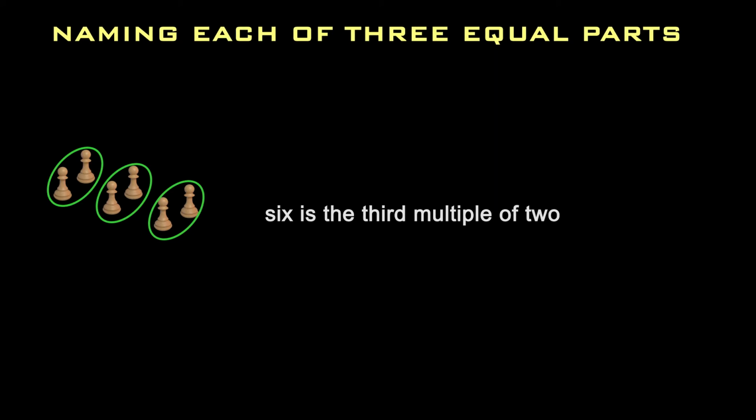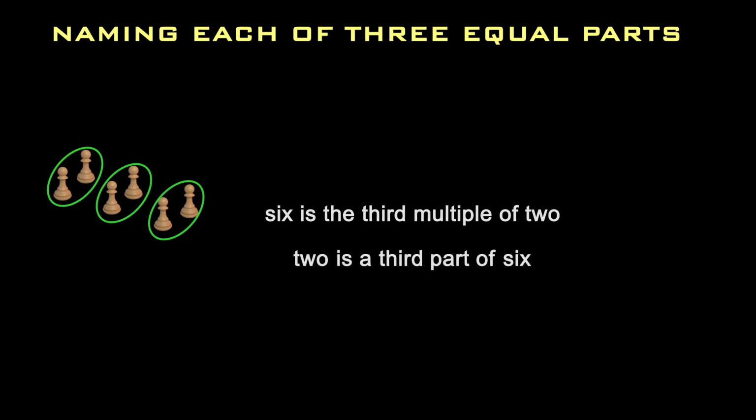But this describes the number in the group in terms of the number in each part. We need to describe the number in each part, 2, in terms of the number in the group, 6. So we say 2 is a part of 6. To fully describe the part, we borrow the word third, describing the multiple above, to get 2 is a third part of 6.